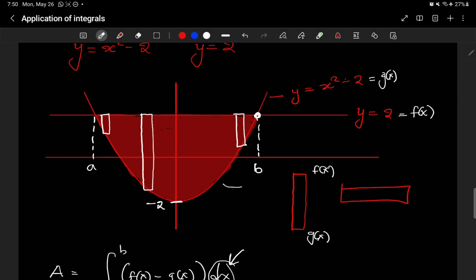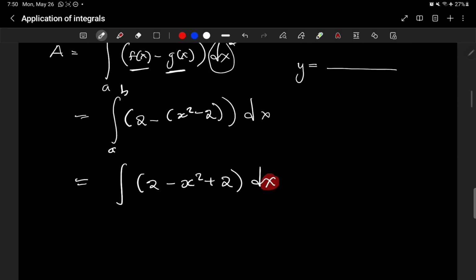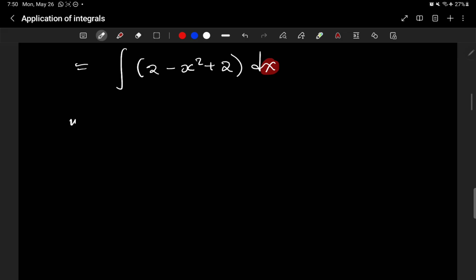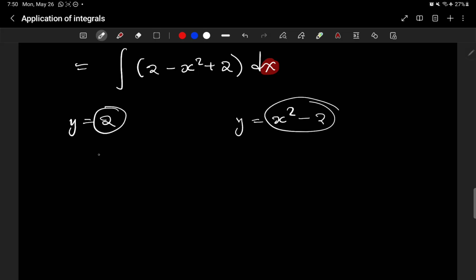Since what we see here is that at a and b, the two graphs intersect, we just have to equate them. One is y is equal to 2, the other one is y is equal to x squared minus 2. Since they have to be equal, then their right-hand sides have to be the same.